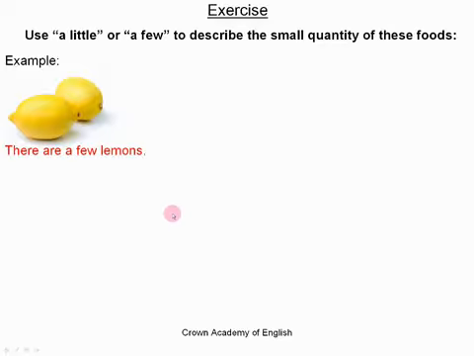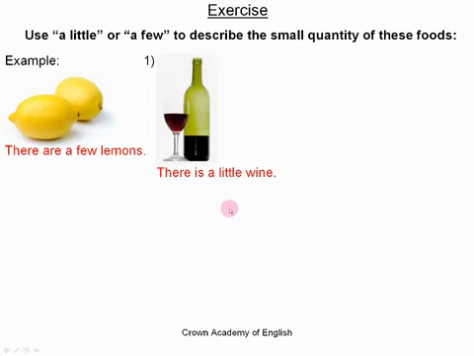So, question 1. And I'll give you a few seconds. Well, the answer is there is a little wine, because wine is a liquid, and liquids are often uncountable. Okay, so wine stays in the singular. We use a little, and the verb is in the singular.